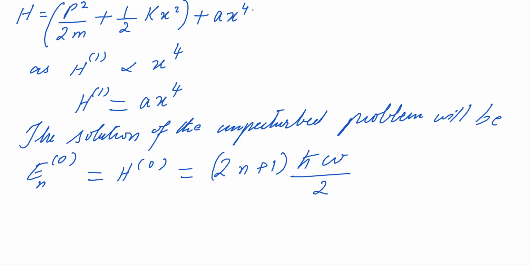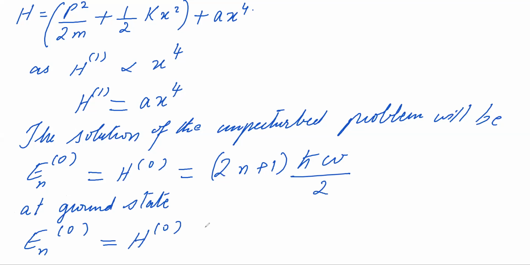And n क्या represent कर रहा है? The state, है ना? तो सबसे simple state कौन सी होती है? It's the ground state, right? So at the ground state, E_0 superscript 0 is equal to H superscript 0 is equal to h bar omega over 2 for n is equal to 0.